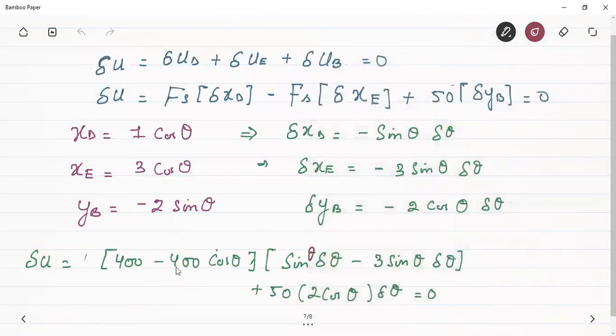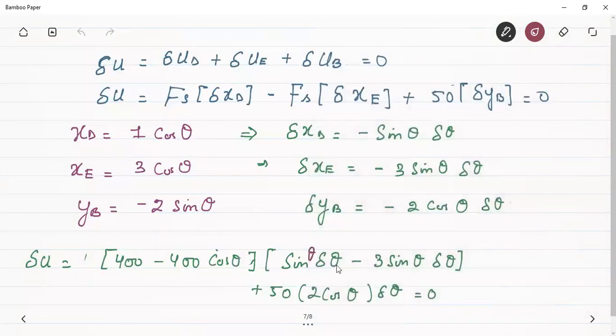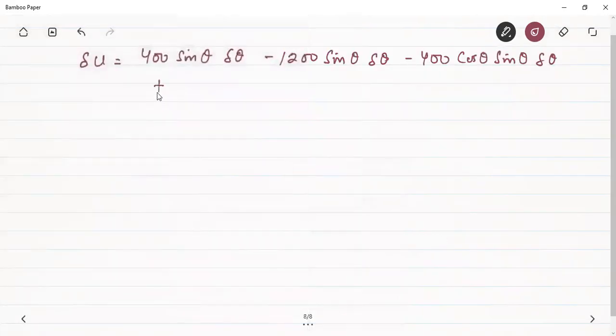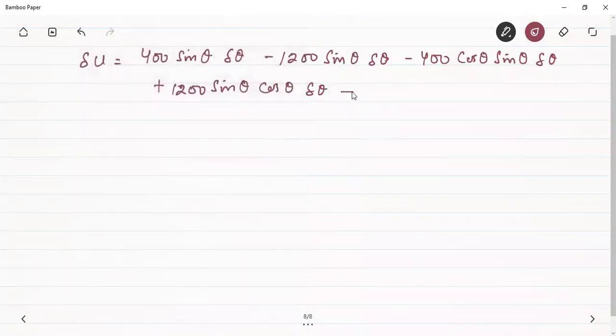Further, what we have here is minus 400 cos theta sine theta delta theta. And finally, what we have is minus 400 cos theta into minus 3 sine theta delta theta, that will be plus 1200 sine theta cos theta delta theta. And there was one more force, the virtual work 50 into 2, that will be 100 cos theta delta theta. So this has to be 0.